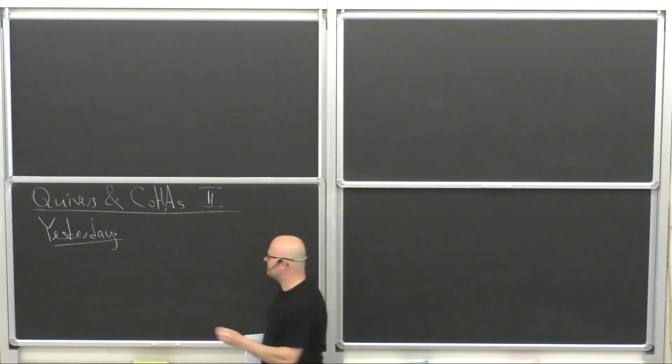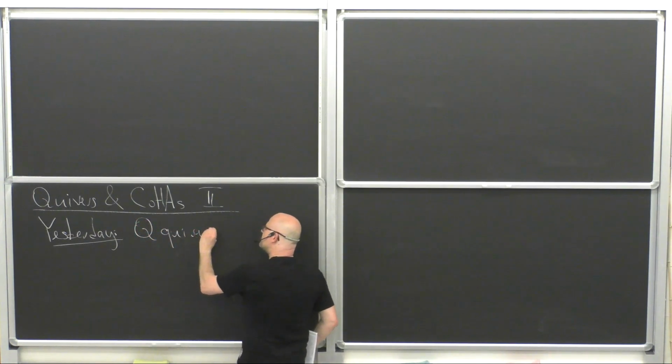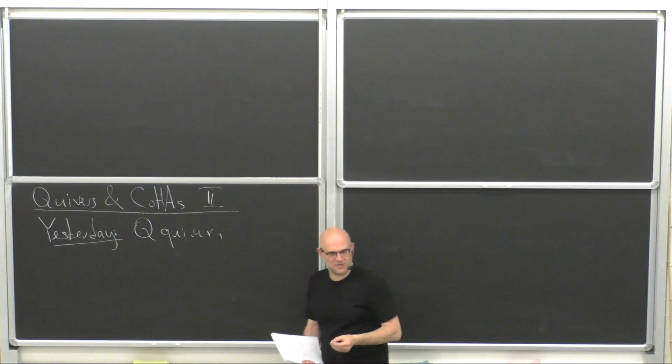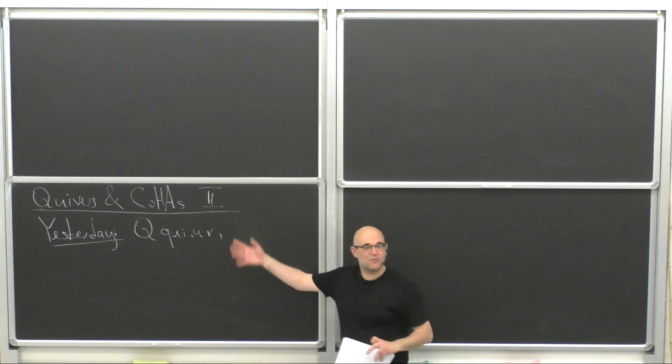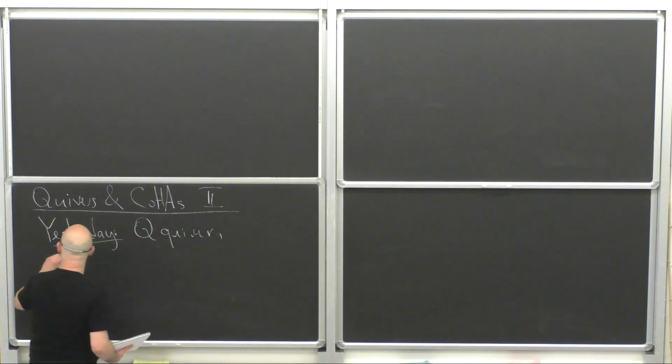Yesterday, we first of all introduced the concept of quivers and their representations. A quiver was always denoted Q, consisting of vertices and arrows.